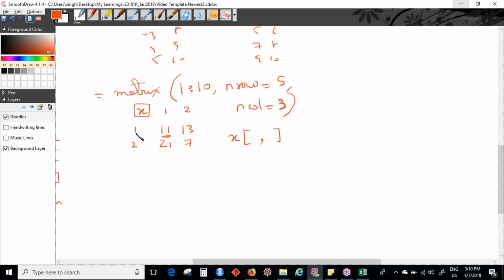The first input is always the row number, and the second input is the column number that you want. So I want the first row and first column, so I will write 1 and 1. If you have to get 7 out of it, you will write x 2 comma 2. This will give you an output of 7. Is this clear, guys?